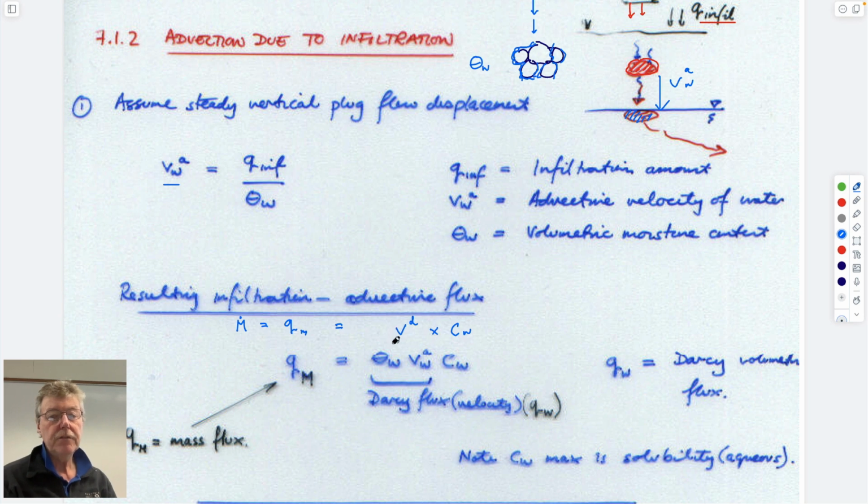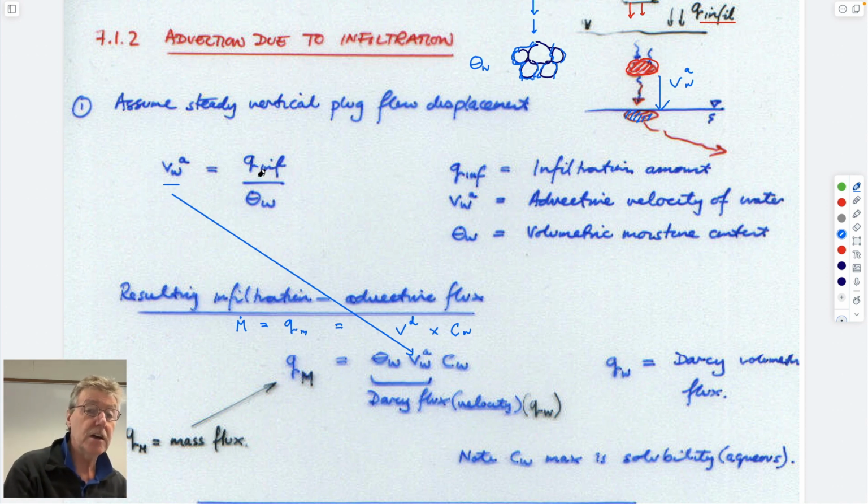And so the Darcy velocity is just the advective velocity, which we have here, multiplied through by this volumetric moisture content, and that gives you this Darcy flux. And so if you want to calculate the mass loading, it's the Darcy flux multiplied by the solubility, just as you've done in some of your assignments before. It's kind of confusing taking an advective velocity, then re-multiplying it by the volumetric moisture content to get it back to the Darcy velocity. This is basically the Darcy velocity.